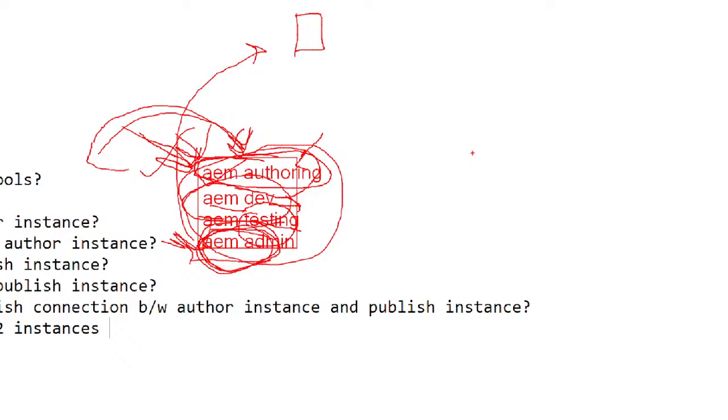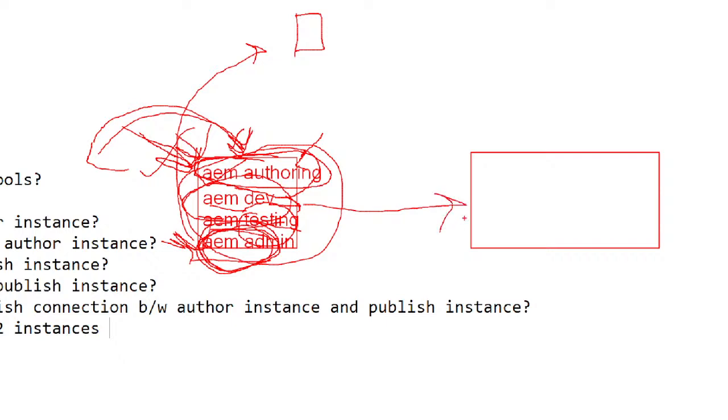Now, the author instance. Generally, if you can see here, this is the author instance which we installed yesterday night. In the author instance, the port number is 4502. This is the author instance.